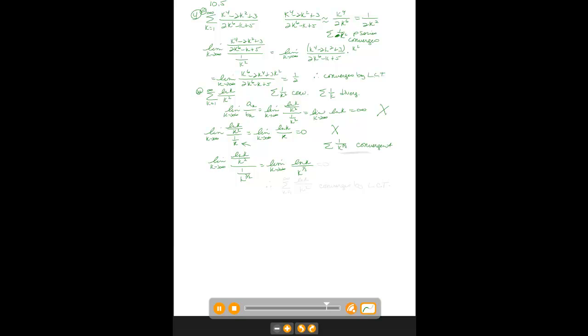I could do this by inspecting it and saying it goes to 0, or remembering that natural log of k grows slower than any power of k from the growing slower section.